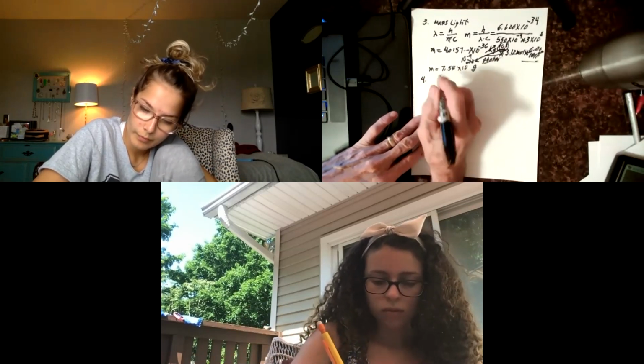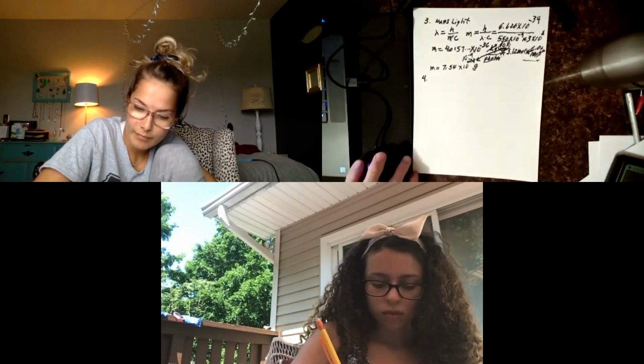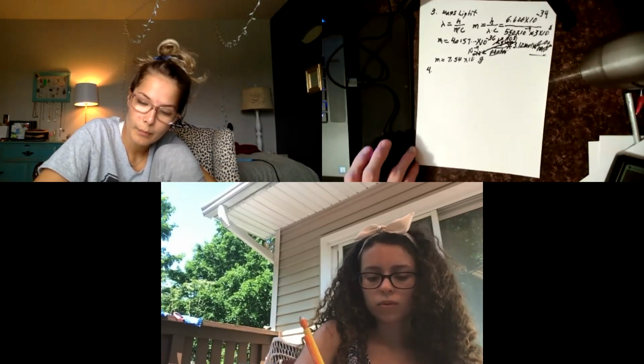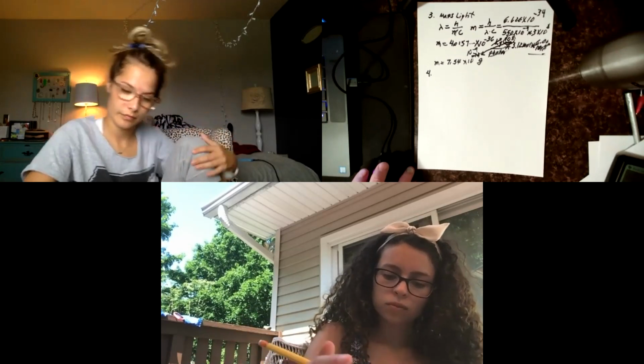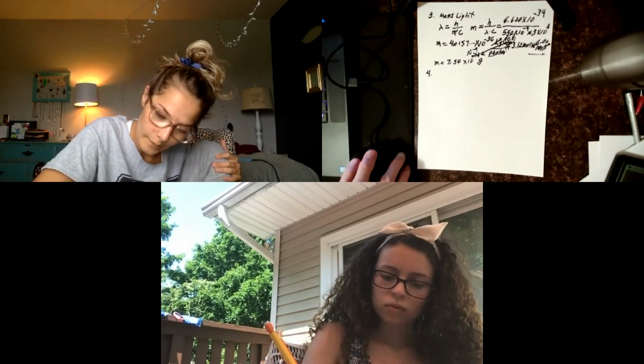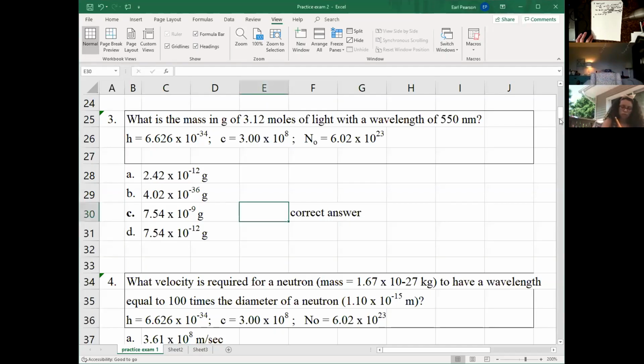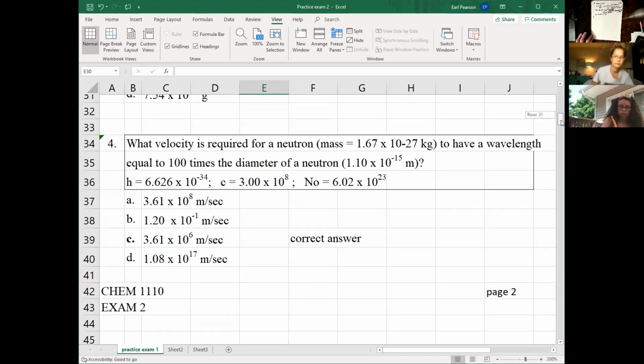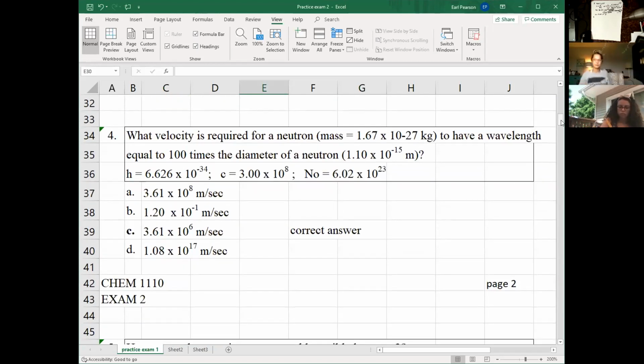Okay. All right, let's see what we got for number 4. Let's see, I have to share screen so you can see that. Okay. Number 4. What's the velocity required for a neutron to have a wavelength equal to 100 times the diameter of the neutron? Okay.